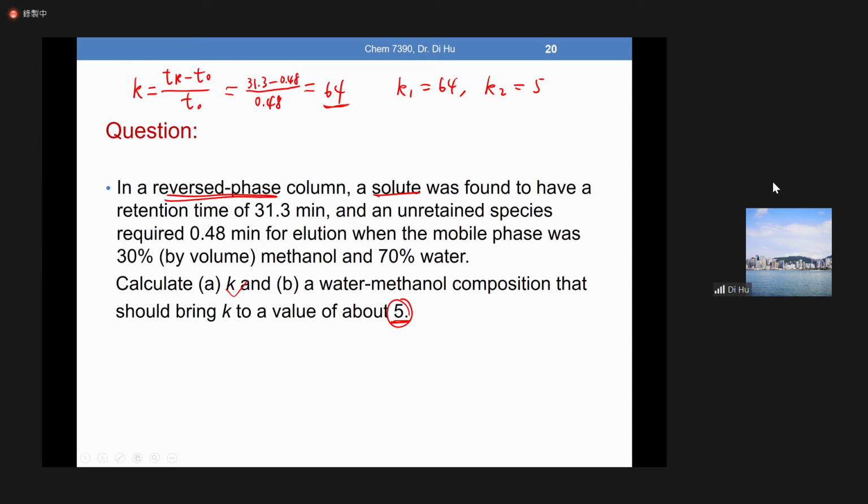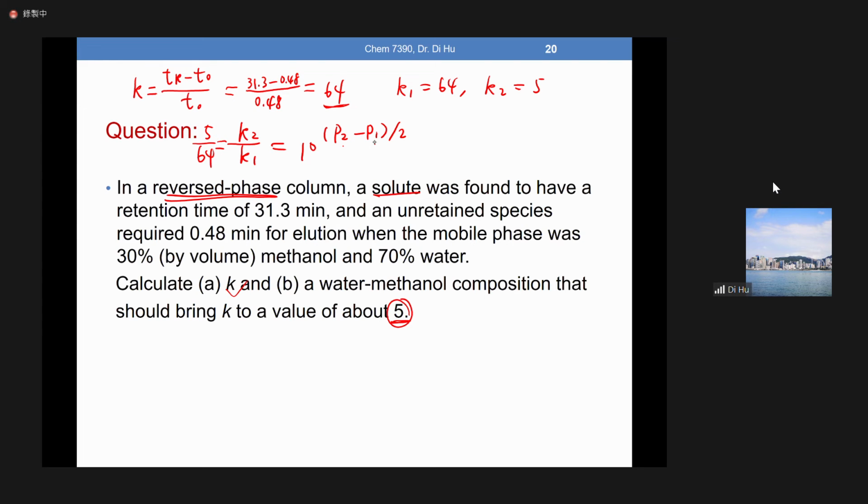K2 over K1 equals 10 exponential what? P2 minus P1 divided by 2, right? Now we already know K2, which is 5, and K1, which is 64. We need to know P2 and P1.